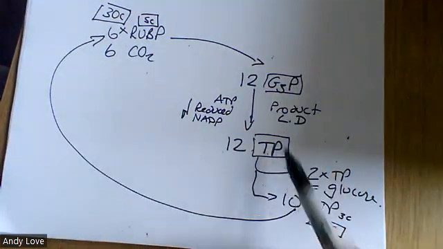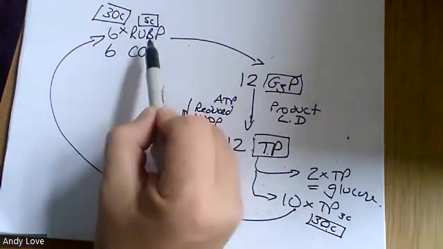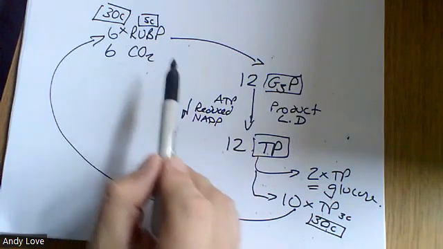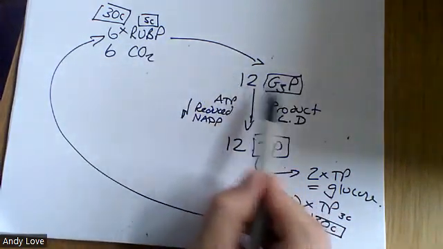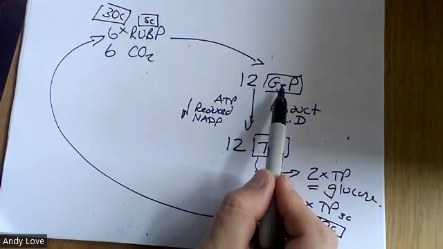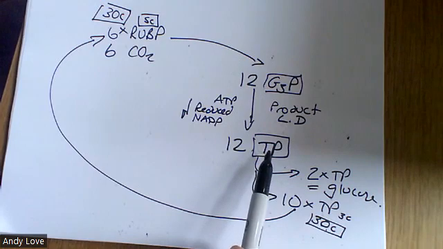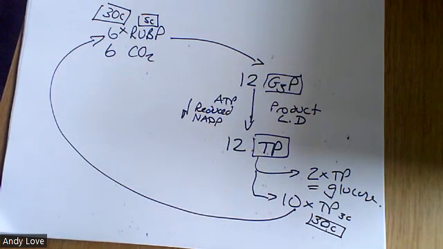Well, then your GP can't get turned into TP, but TP still gets turned into RUBP, which picks up carbon dioxide. It's just there's a backlog. The GP, the G3P builds up. It can't cross over to TP because you've not got any of the products of the light-dependent reaction.